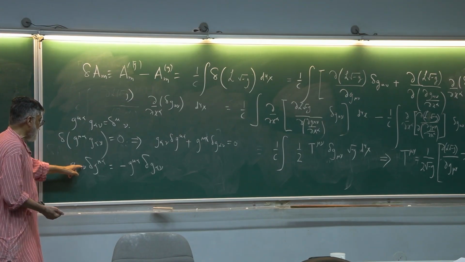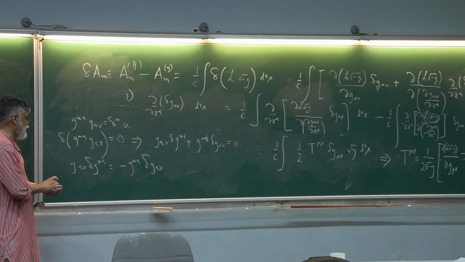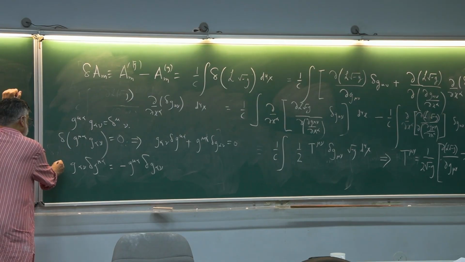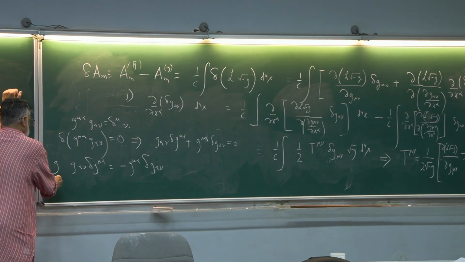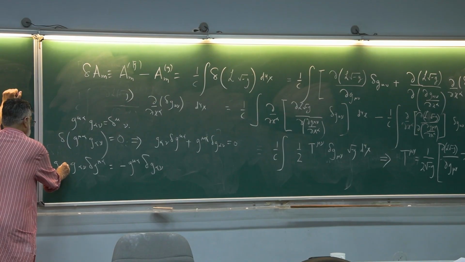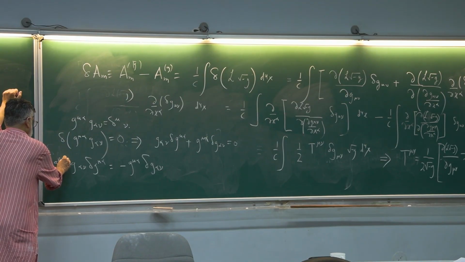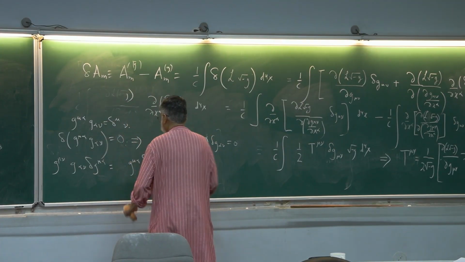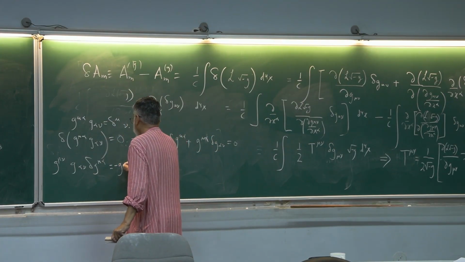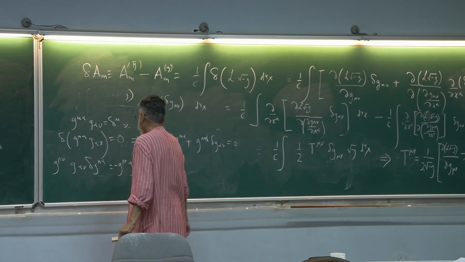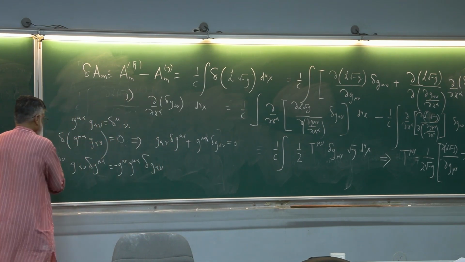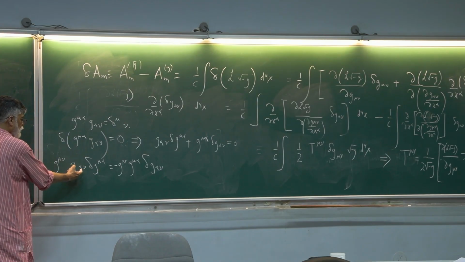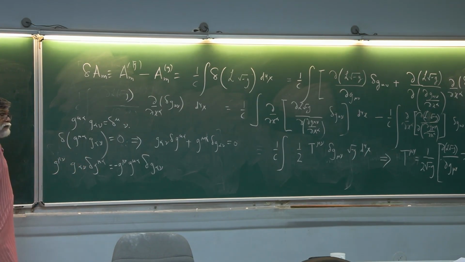Now alpha is being summed over, but nu and mu are free indices, so what I'll do is I'll multiply both sides by g beta nu. But g beta nu g alpha nu, where nu is being summed over, is delta beta alpha.